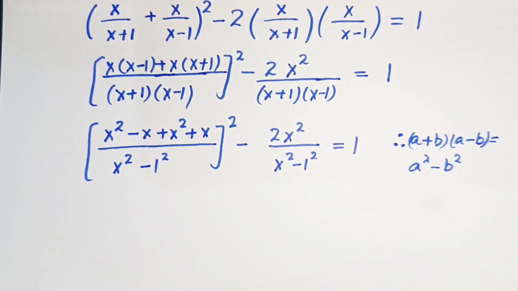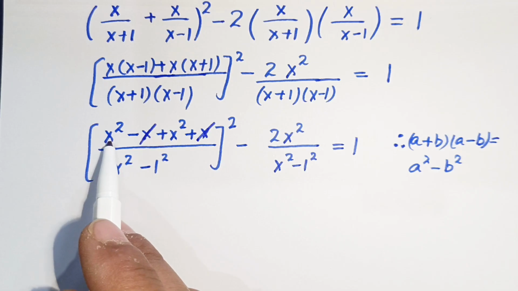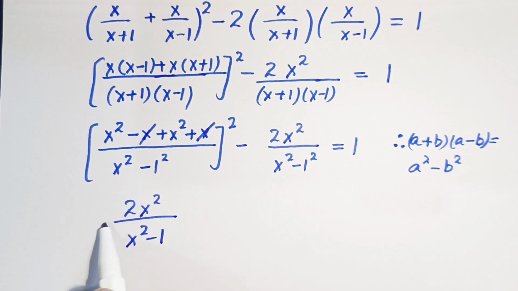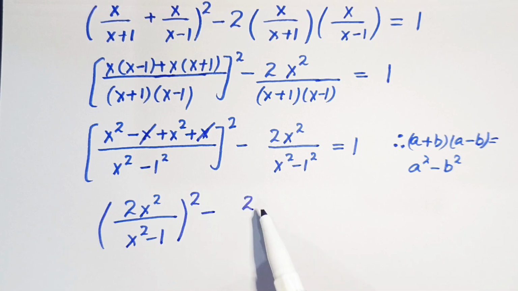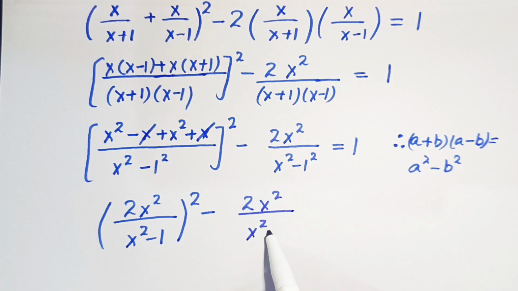So now our next step is, if we cancel out x with x, so we have x squared and plus x squared, 2x squared divided by (x squared minus 1) squared is equal to 1 whole squared, and minus 2x squared divided by (x squared minus 1) squared is 1, which is equal to 1.